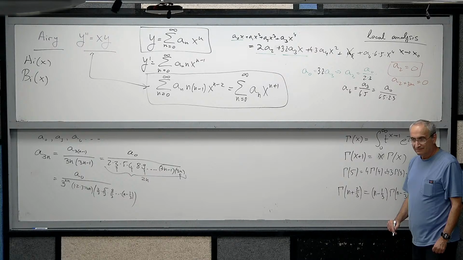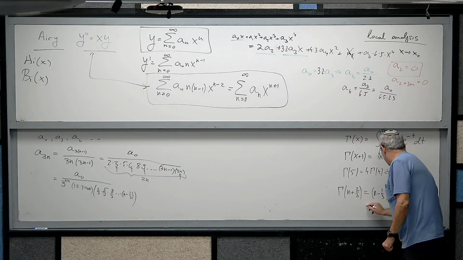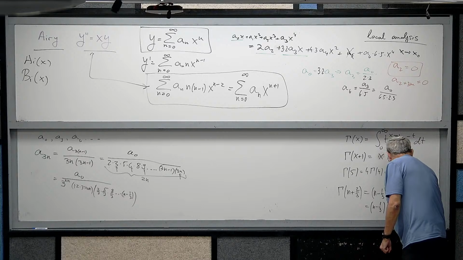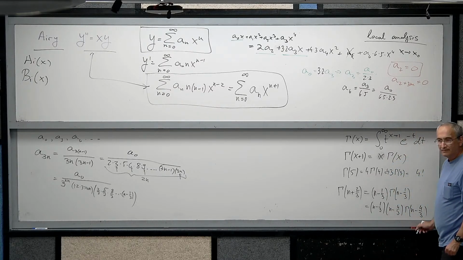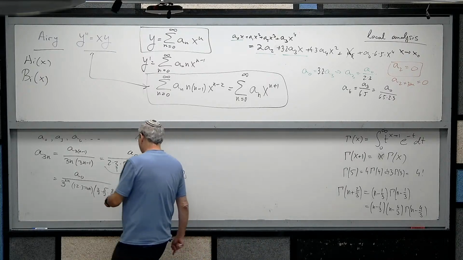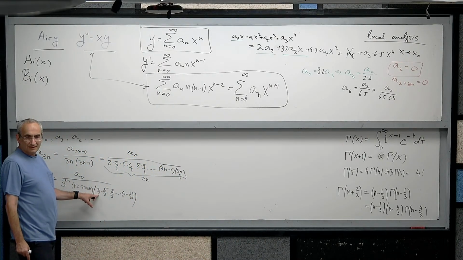You see? And this will continue: n minus 1/3 times n minus 4/3 times gamma of n minus 4/3, and so on and so forth. I have to continue until I get gamma of 2/3. And then I want it to stop.